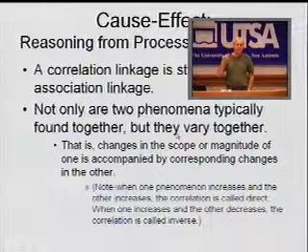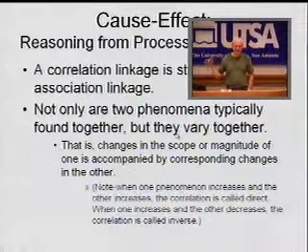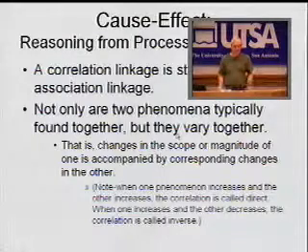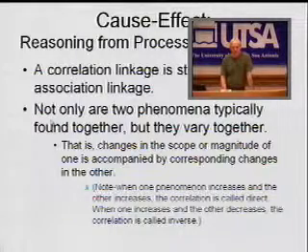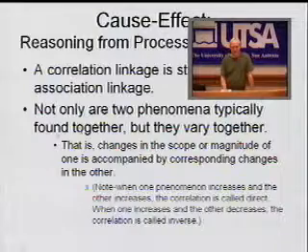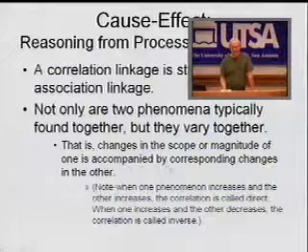As I incrementally change my independent variable, my dependent variable changes in an incremental way, in a predictable way, in magnitude and direction. So we're getting a much stronger argument on the association between our independent and dependent variables. Changes in the scope or magnitude of one are accompanied by corresponding changes in the other.